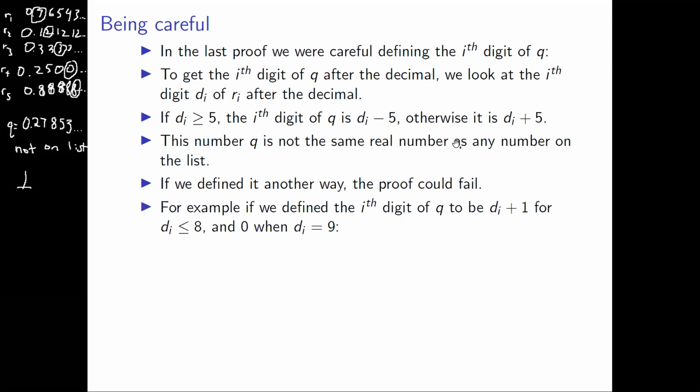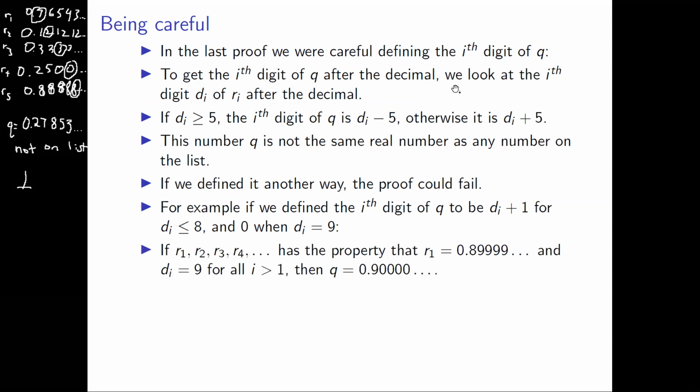Let's see one way that the proof can be messed up. For example, you could try defining the ith digit of Q to be di plus 1 if di is at most 8, and 0 for di equals 9. And you will run into issues with this.